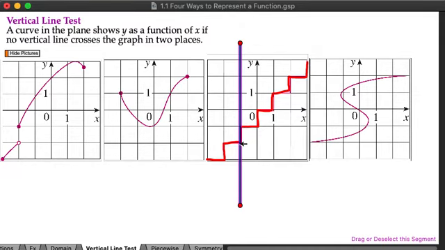Okay, I have a whole bunch of y values that correspond to the x value of -1. So this tells us that this graph does not represent y as a function of x, so nope.